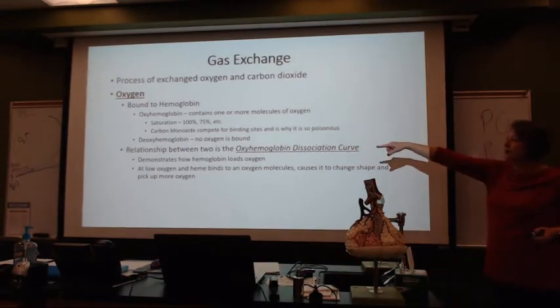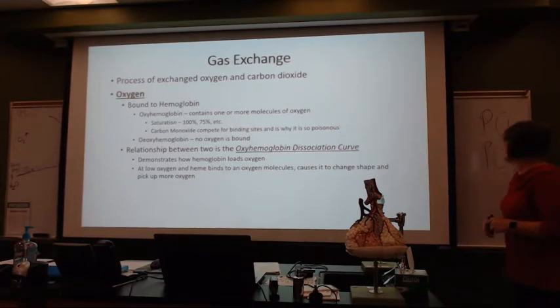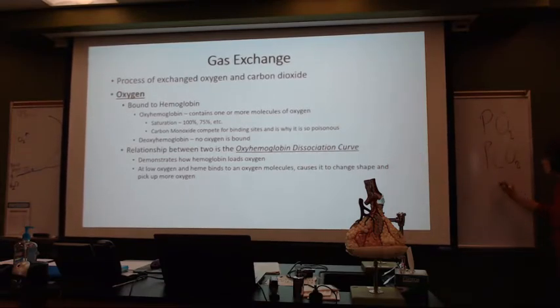One of the things that will happen, like I said, oxygen is bound to hemoglobin. If you go back and look at that hemoglobin molecule, does everybody remember that hemoglobin molecule? All right. And we had 4 heme groups. Does everybody remember that? And if they had the iron, iron, iron, iron, each one could attach 1 oxygen molecule.